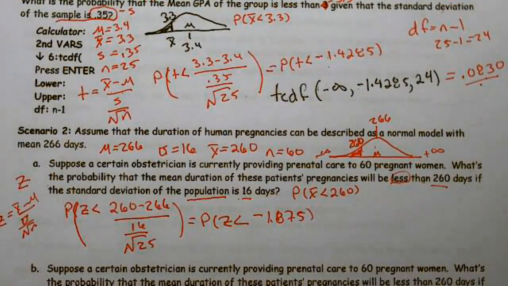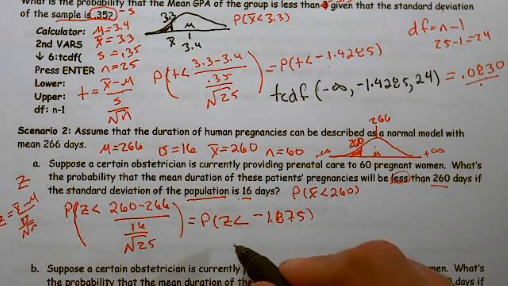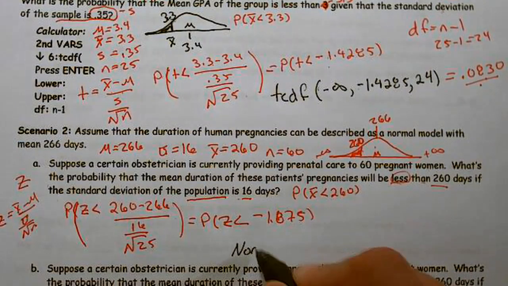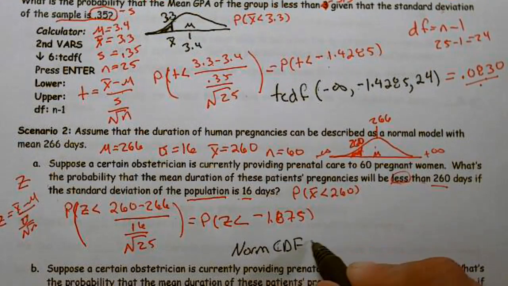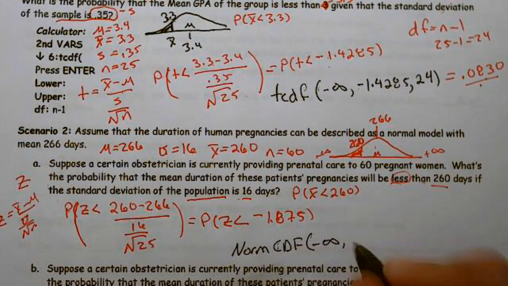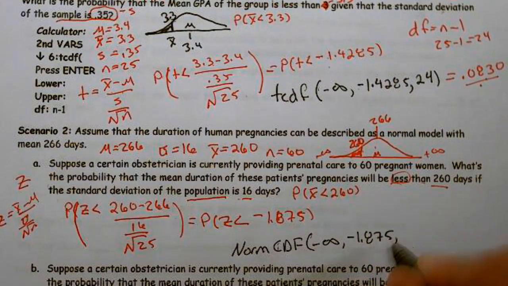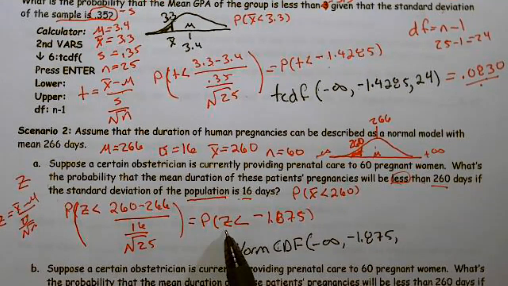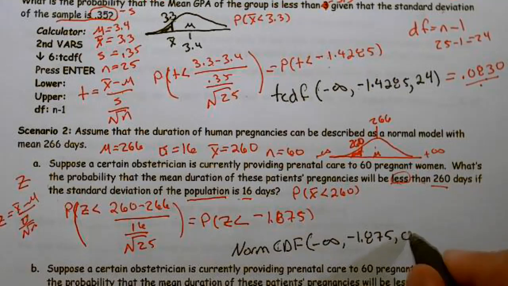Well, if I were to go ahead and do a norm CDF for that, I would find that I had a lower of negative infinity, an upper of negative 1.875. And because we have a z-score, all z-scores have a mean of 0 and a standard deviation of 1.